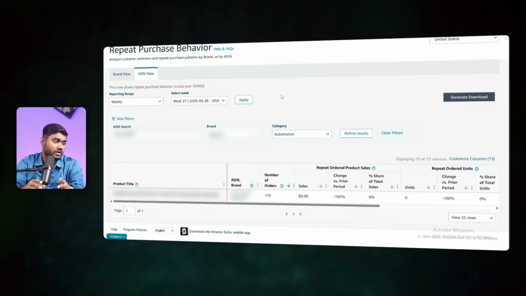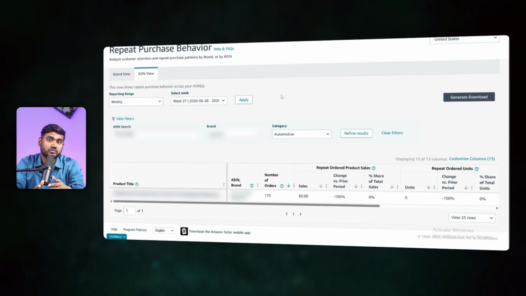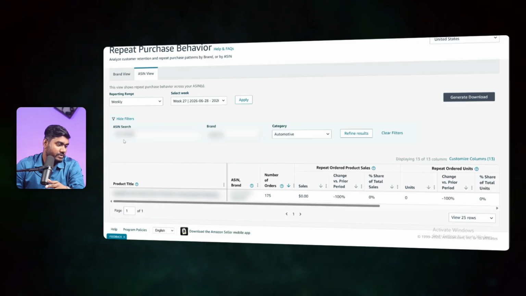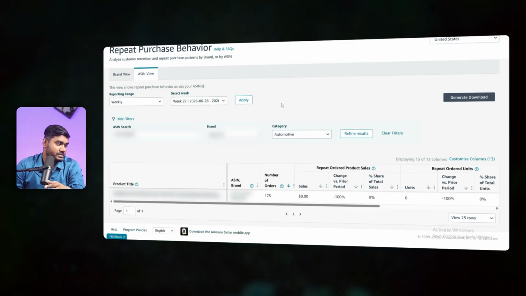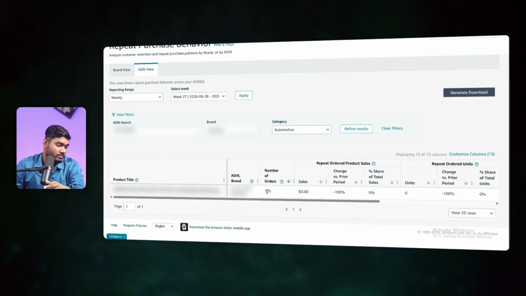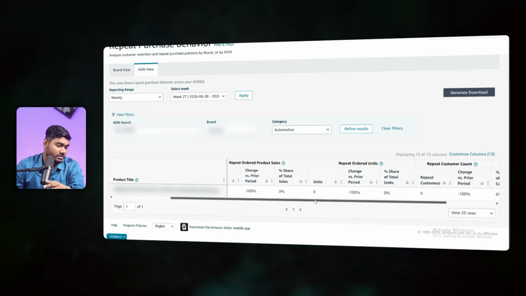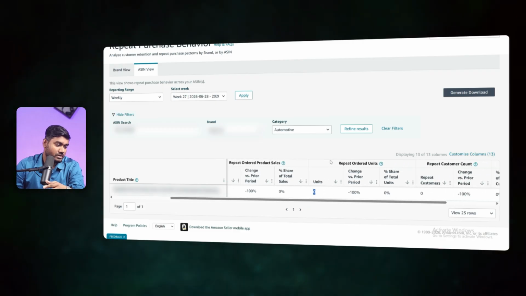So whenever you are calculating for any specific ASIN or the whole brand, you need to remove the repeat customers from this date range. That's why I came here and searched with the ASIN, and I am seeing here total number of orders, it's showing 175, and zero repeat units.